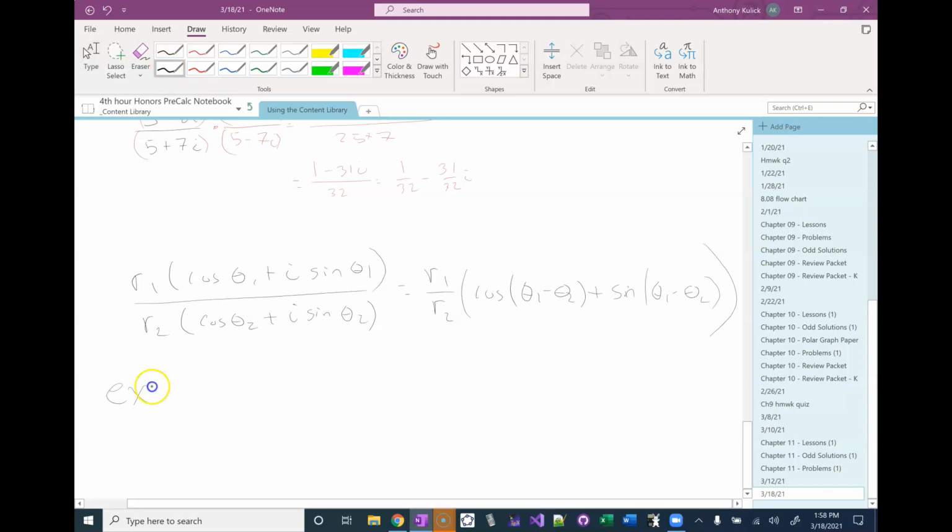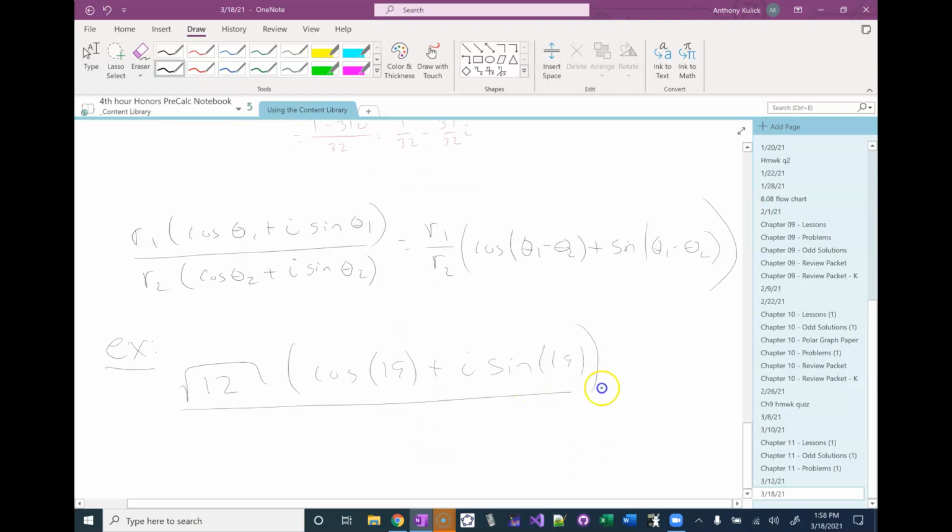Yeah, so let's do an actual numeric example here to kind of cement things. So let's say we have the square root of 12 times cosine of 19 plus i sine 19, divided by square root 3 times cosine of 12 plus i sine 12.